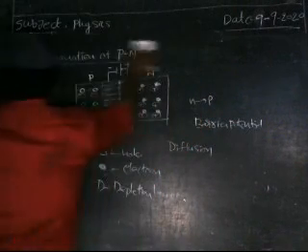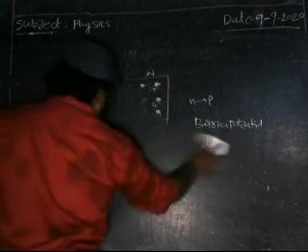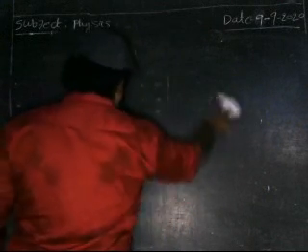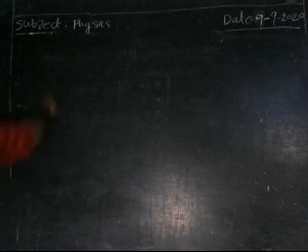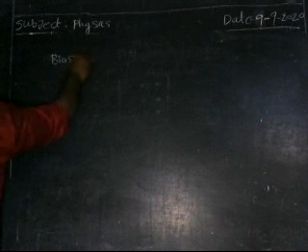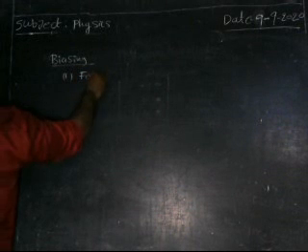Next topic is biasing. What is biasing? Giving proper connections to a diode is said to be bias or biasing. Biasing is of two types. The first one is forward bias.